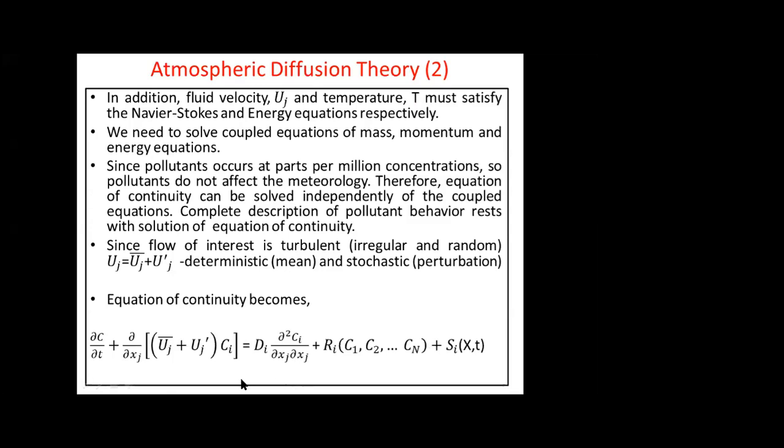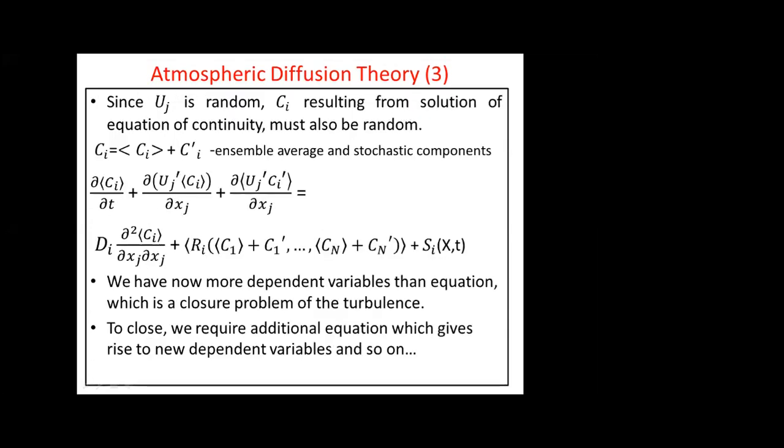Now look at it carefully. Once we substitute uj as these two components, deterministic and stochastic, this ci is linear with this, and because of this, ci also becomes turbulent. In the sense, uj is random, therefore the solution of the equation of continuity is also random here.